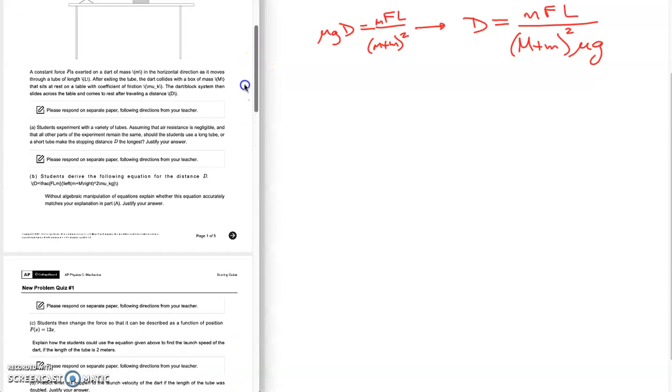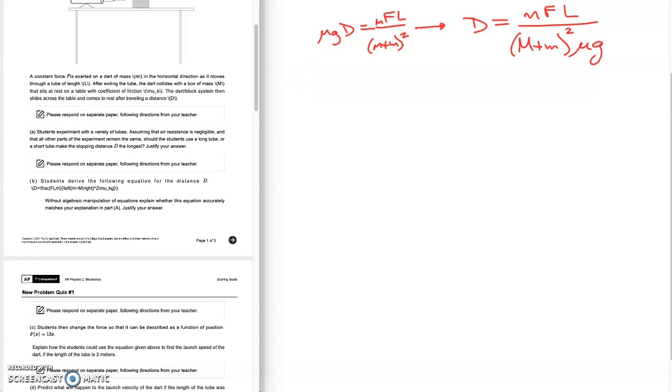All right, part C. Now they're going to change things on us. Classic AP style question. Now they're going to say the force is a number times distance. Notice that force depends on distance. It does not depend on time, at least not directly.